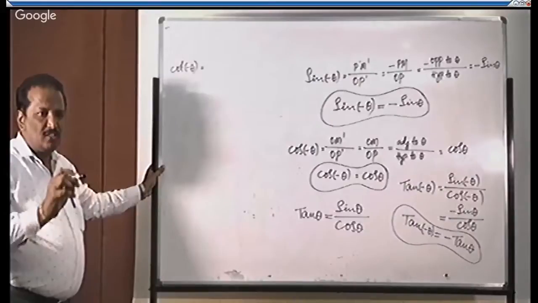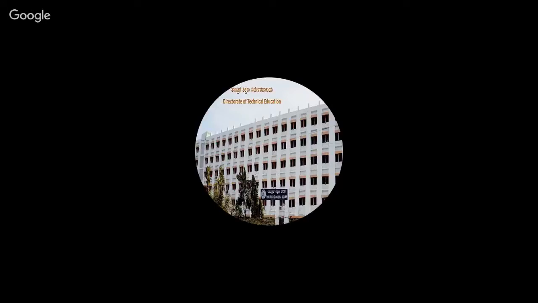I just write cot of minus theta as 1 by tan of minus theta because cot and tan are reciprocal to each other. Now we just proved that tan of minus theta is minus tan theta. Now minus 1 by tan theta means it is minus cot theta. So the conclusion is cot of minus theta is always equal to minus cot theta.